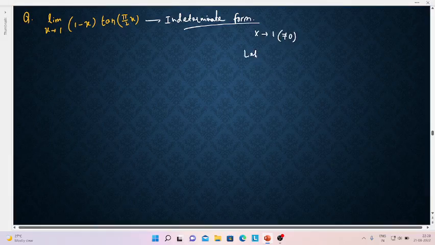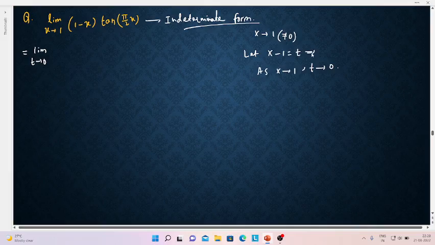So let x minus 1 as t, right? x minus 1 as t. So as x tends to 1, t is going to 0, right? So we can write this particular thing as limit t is going to 0, 1 minus x is nothing but minus t, because from that relation we have x equals to t plus 1, right?